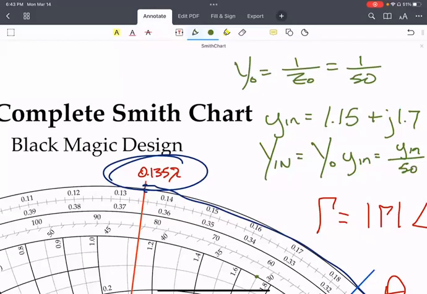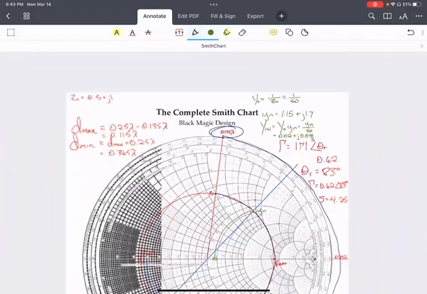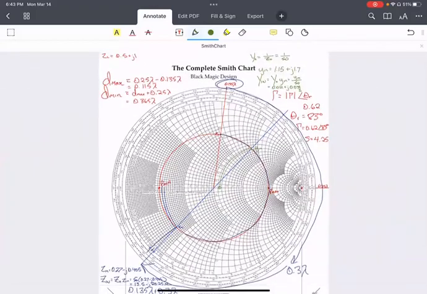So we would take 1.15 divided by 50, and I think you get something like 0.02. And then plus j, and then you do 1.7 divided by 50 and it'd be like 0.034 or something like that. And it'd have units of siemens. And that is the total example.